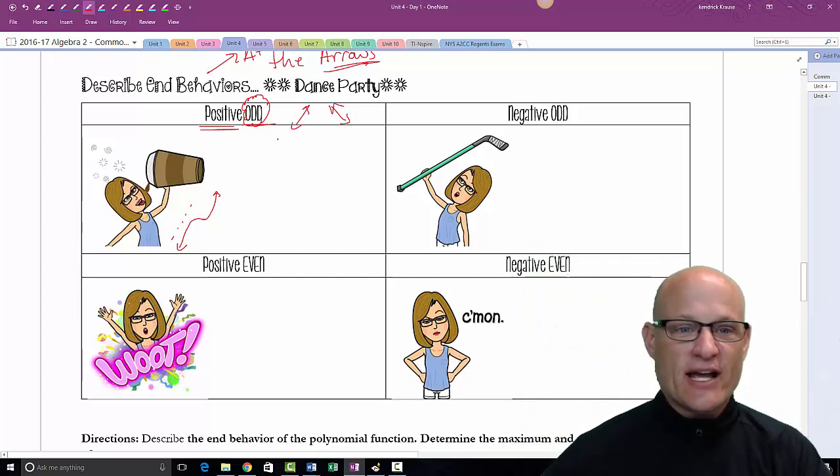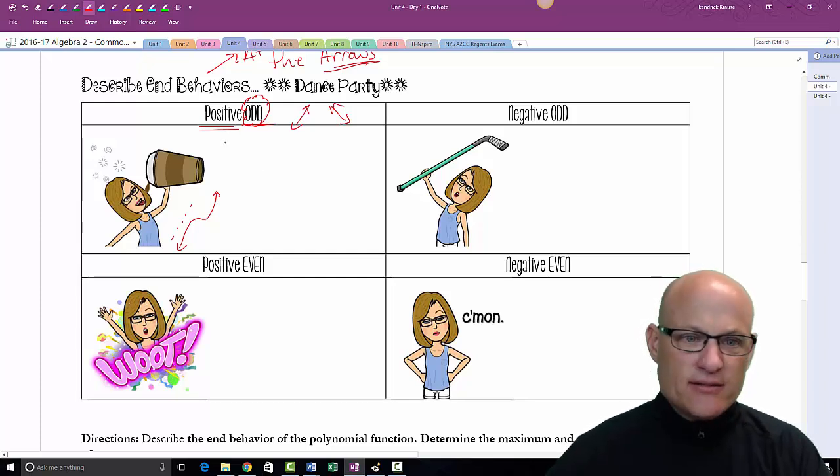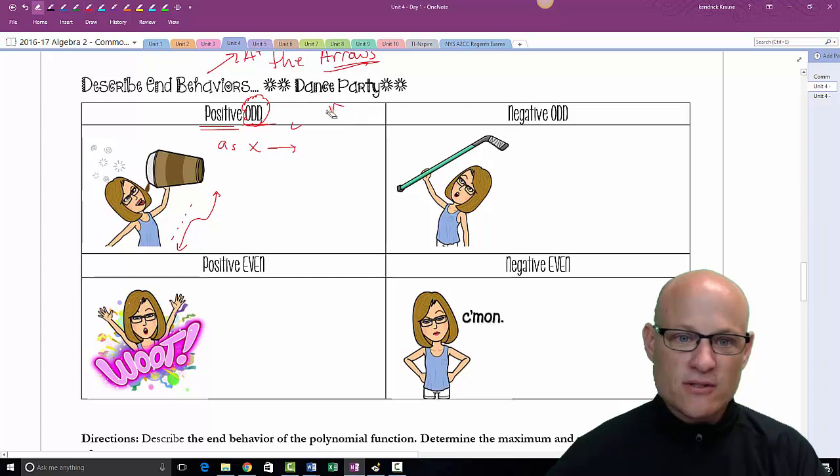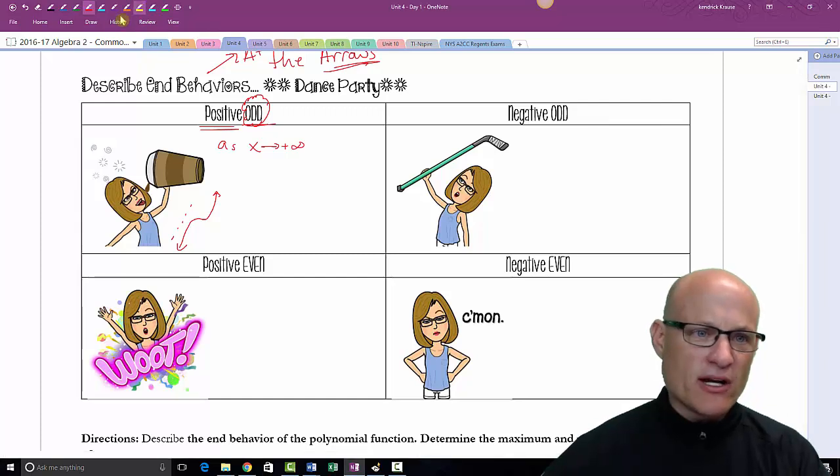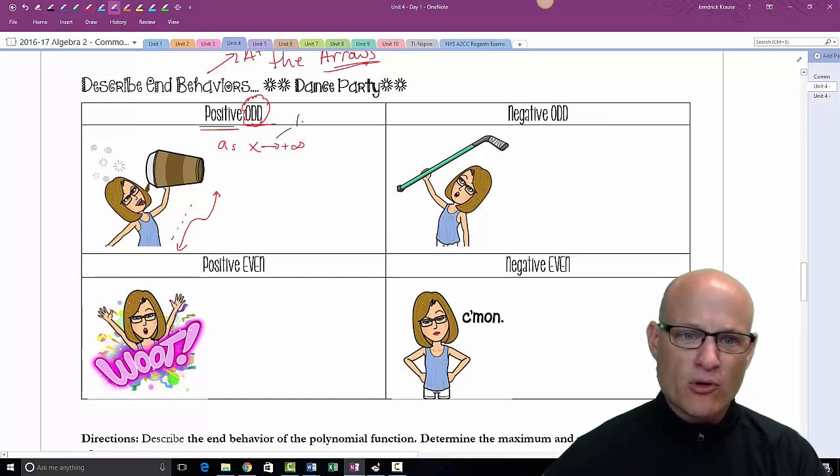Okay. So now we're going to talk about end behavior. So here's how you describe it. As x approaches positive infinity. This arrow stands for approaches.